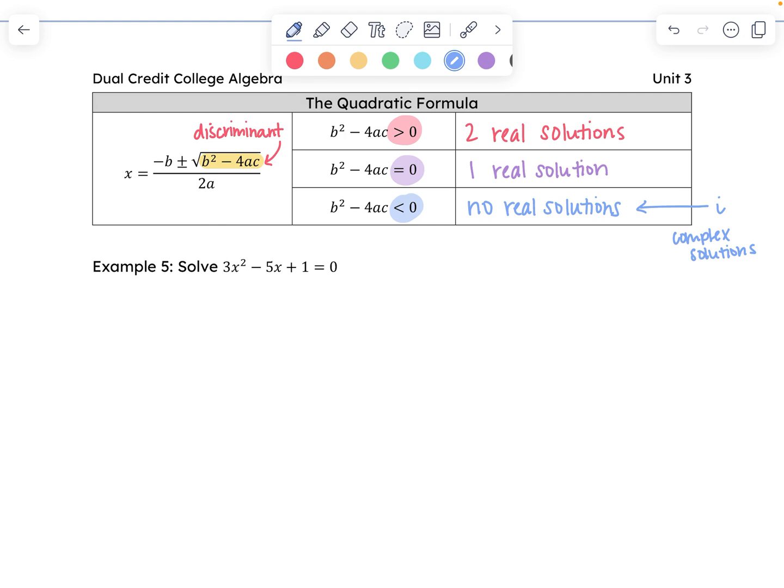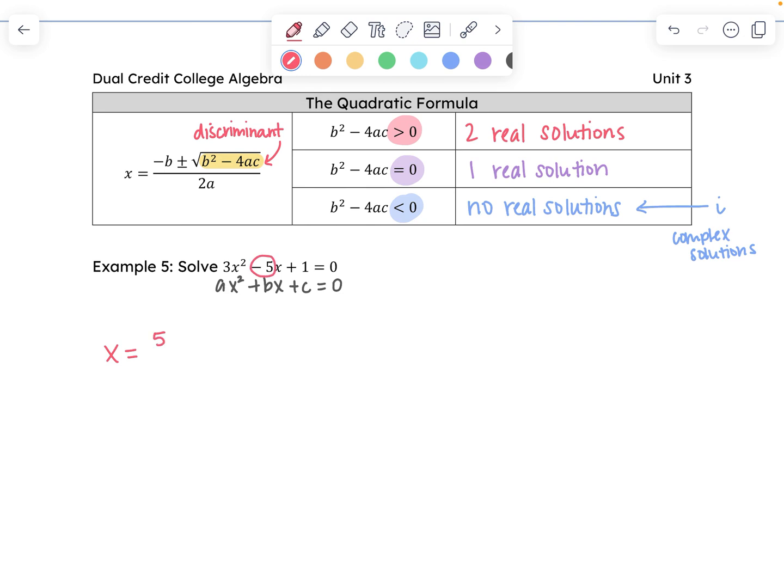So let's get some practice with our quadratic formula. Remember, it's ax squared plus bx plus c. And so the a, the b, and the c is what we're going to plug into our quadratic formula. So x equals, if I have negative b, well, in this case, my b is already a negative 5.